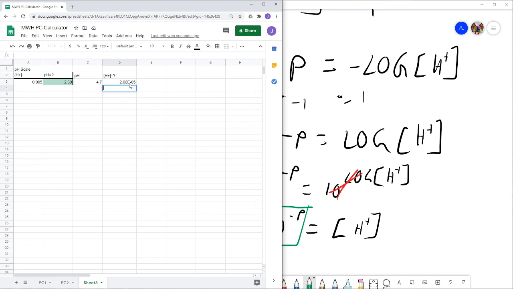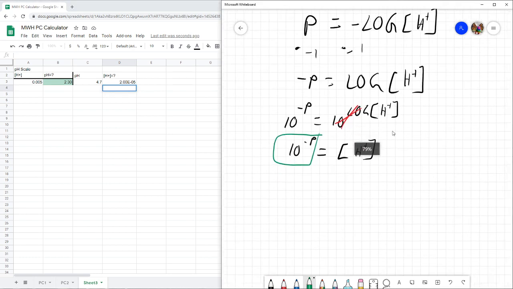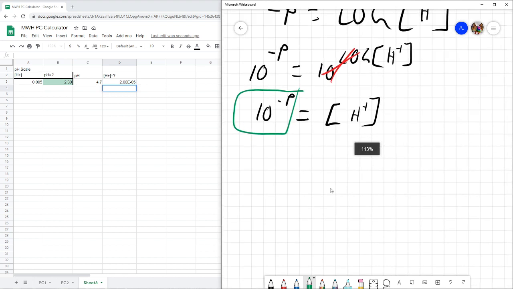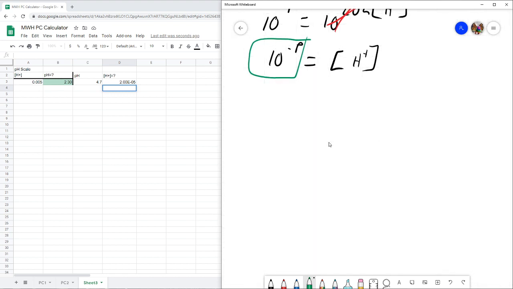Whenever you see this E right here, some calculators, especially some scientific ones, use an E. What that says is 2 times 10 to the negative 5 power. So you want to read this 2.00 E negative 5.